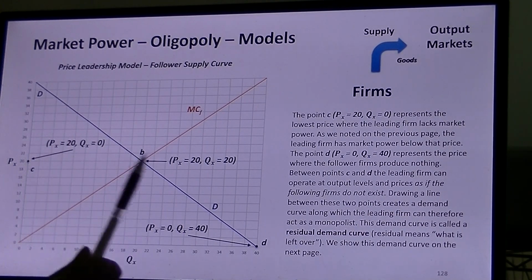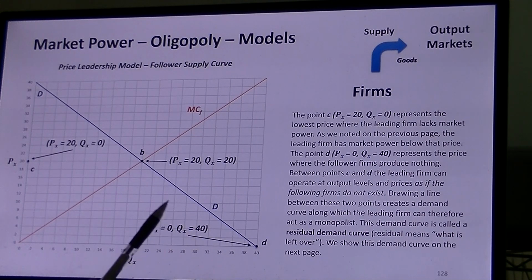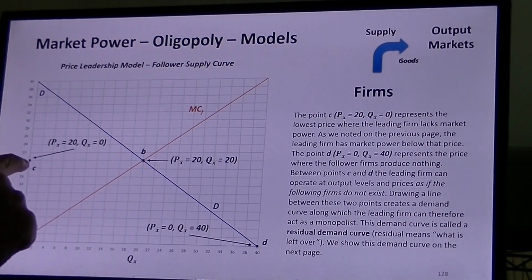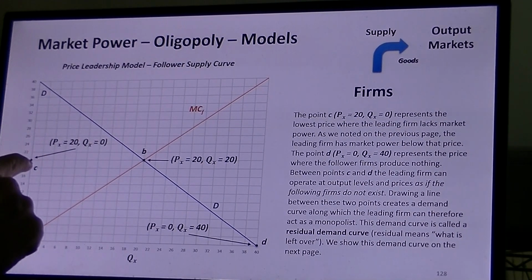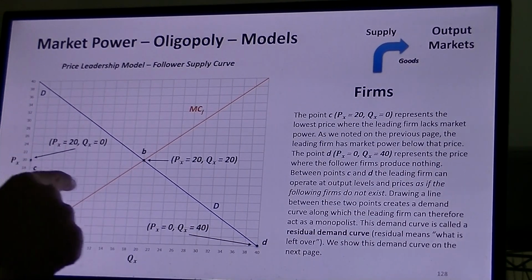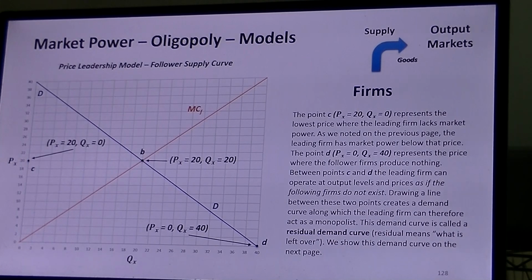So between this point and this point, the line is the demand curve along which the leading firm can act as a monopolist. That's the very interesting outcome here: from here to here is the range over which the firm can act as a monopolist, since if it prices there, it has some market power.